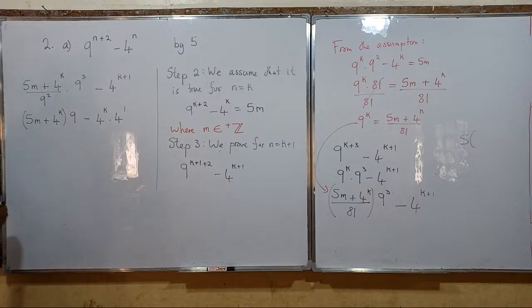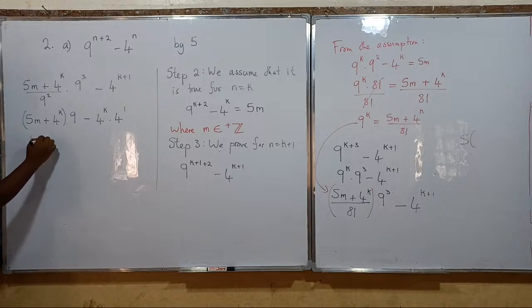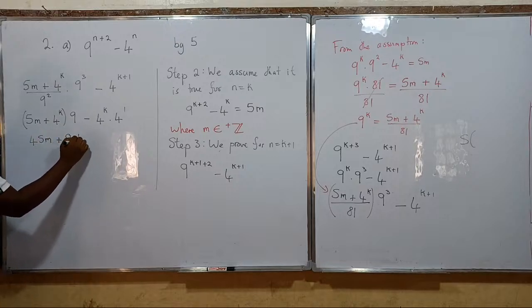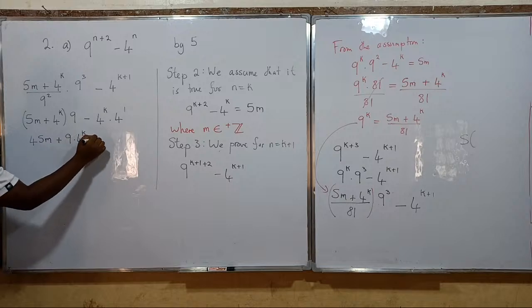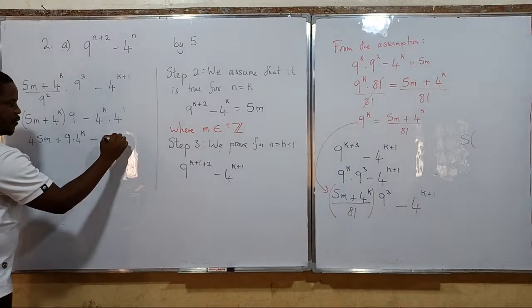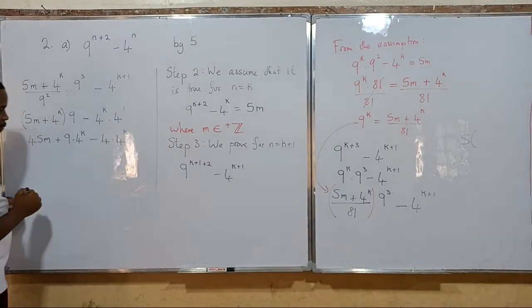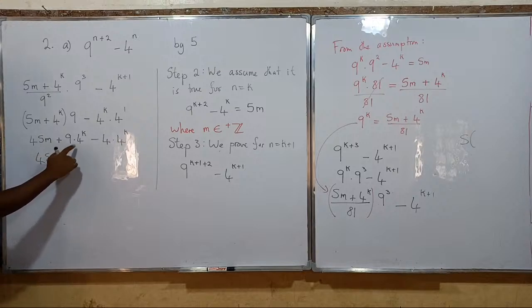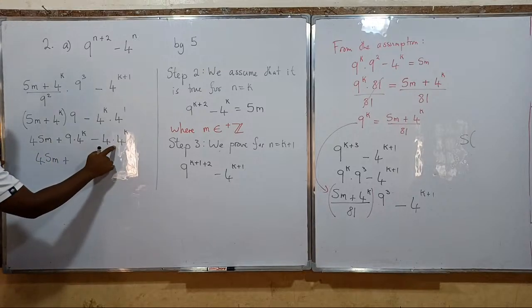Not yet. So 9 times 5, 45. 9 times 4 to the k. They're not like terms. Here we have 4 times 4 to the k. 45m plus, here what is common? 4 to the k.